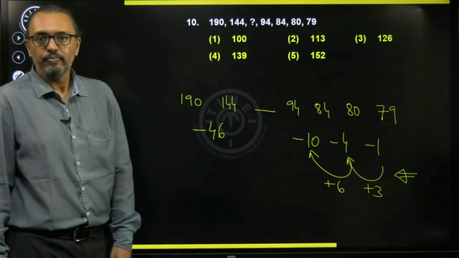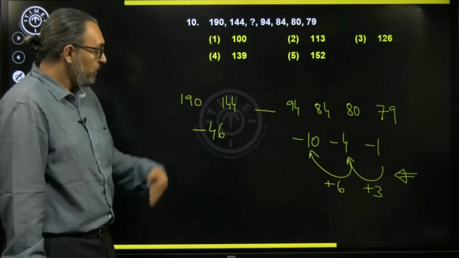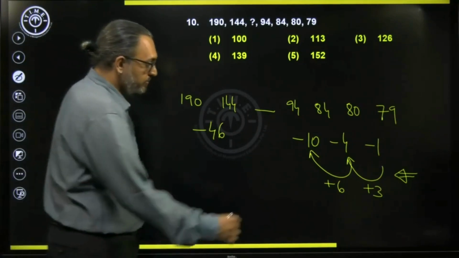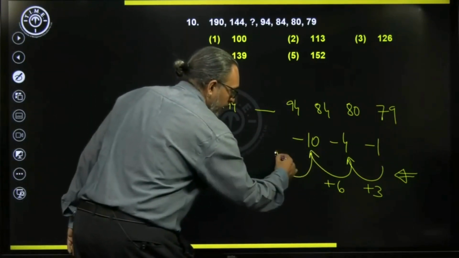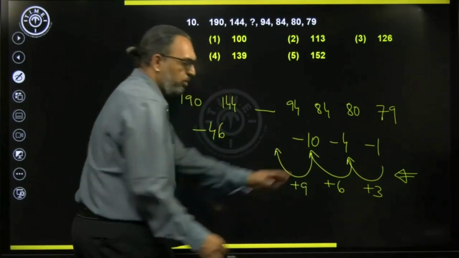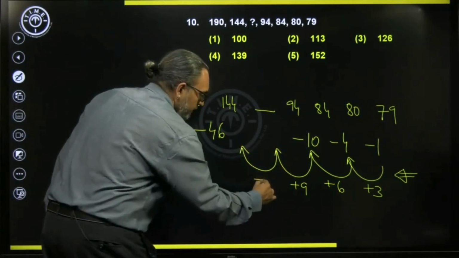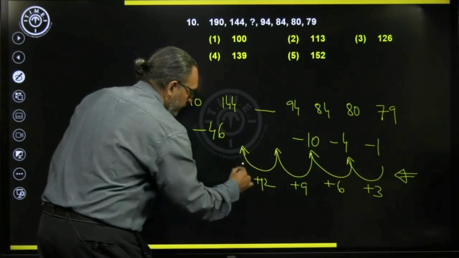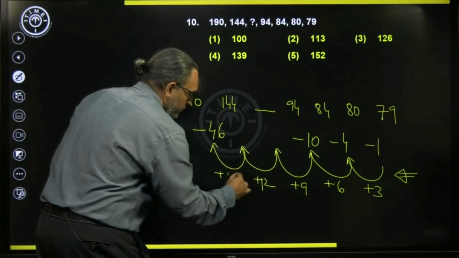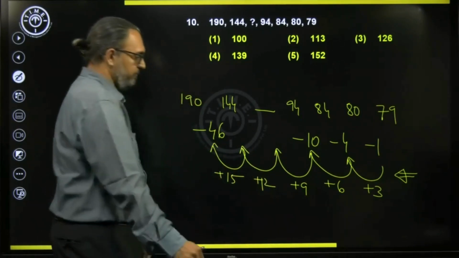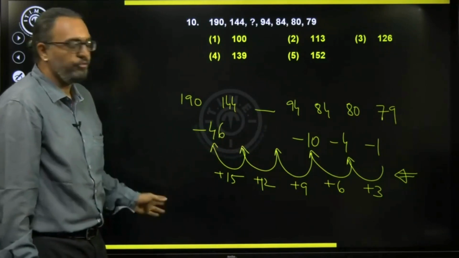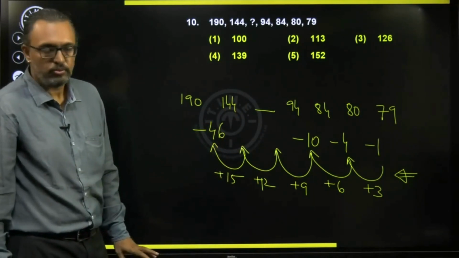Correct. So like that if I take, the next I can have an increase of 9, multiple of 3 I am taking, 3, 6, 9, then next 12, and here there should be an increase of 15. So we have 3, 6, 9, 12, 15. That is what we need to look into.